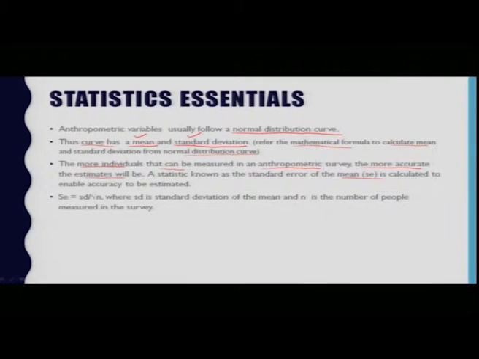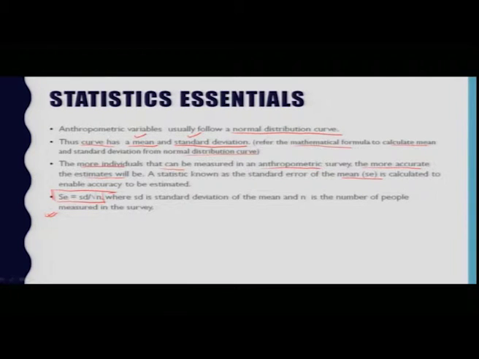The standard error is calculated with this formula, where SD stands for standard deviation and N stands for the number of people measured in the survey. This standard error and its related applications I will tell you in the forthcoming slides. This is majorly what we will be covering in this lecture.